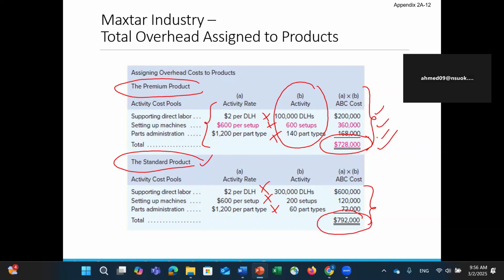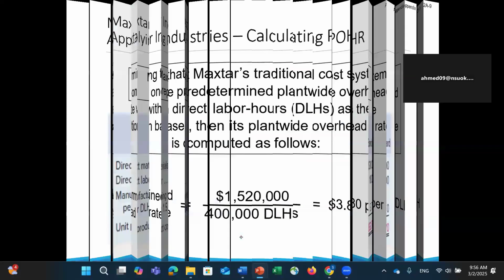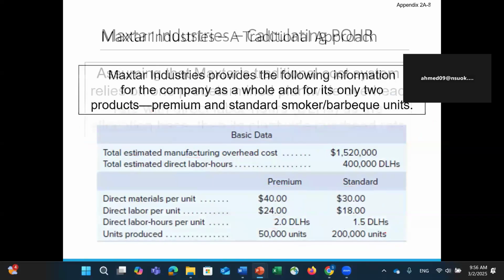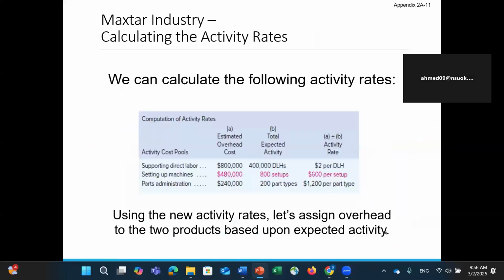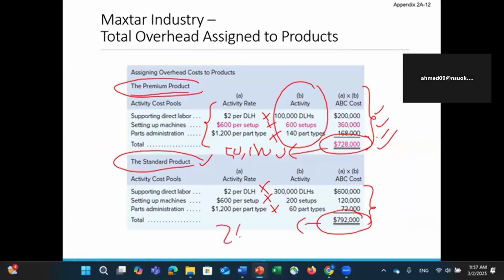Please remember, under the premium, I think it was 50,000 units, and 200,000 under the standard. And this one we have to divide by this number, and this one we have to divide by the 200,000.